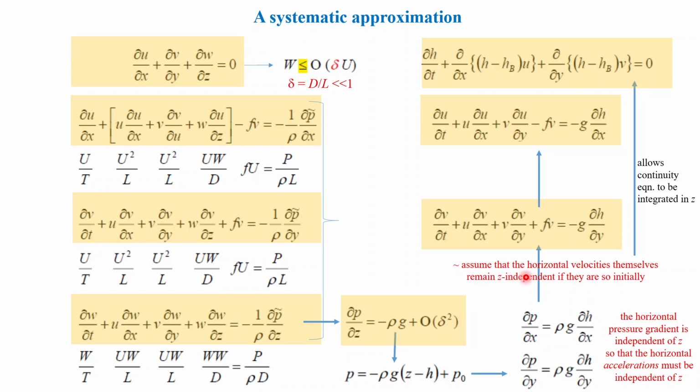Okay, so this is a very important step, because right away you can neglect the vertical variation of horizontal momentum. So the vertical momentum advection you can neglect in the horizontal momentum equation.